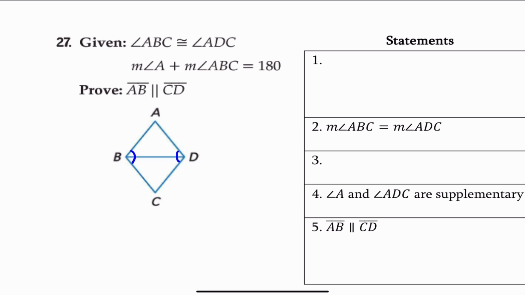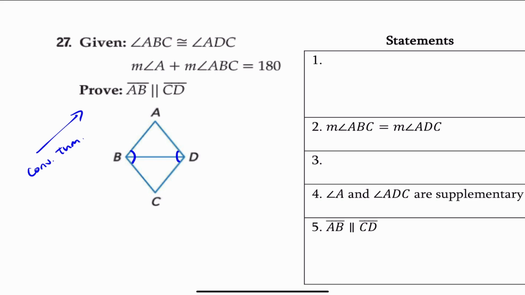So we can assume that those two angles add up to 180. And my goal here is to prove that AB is parallel to CD. Or, since these are segments, segment AB parallel to segment CD. These are not parallel yet until we prove it. So that means we're going to have to use one of the converse theorems.